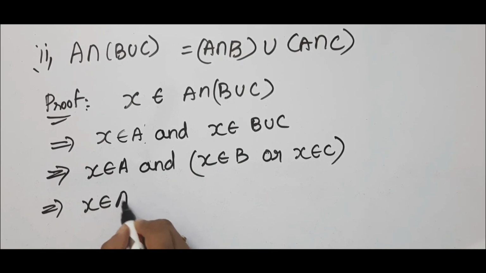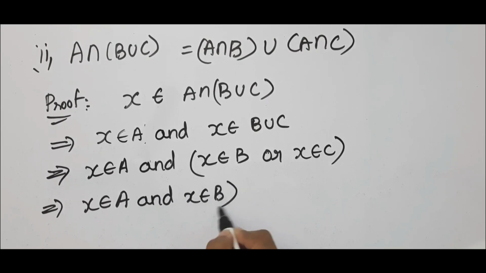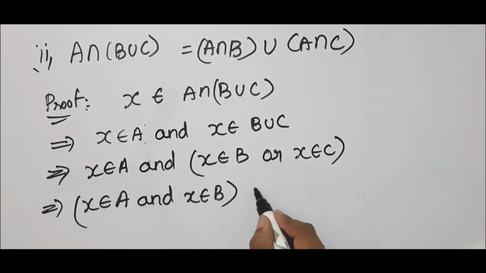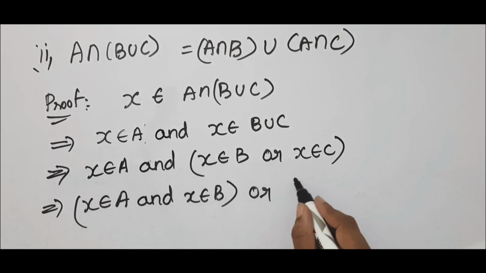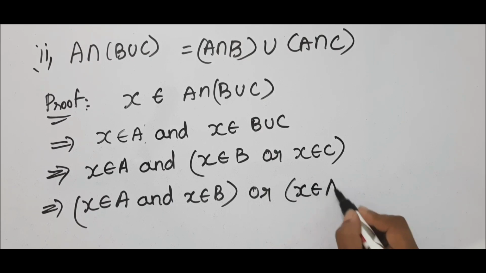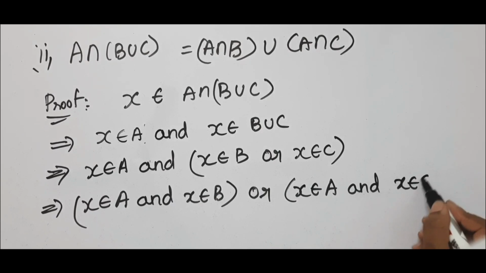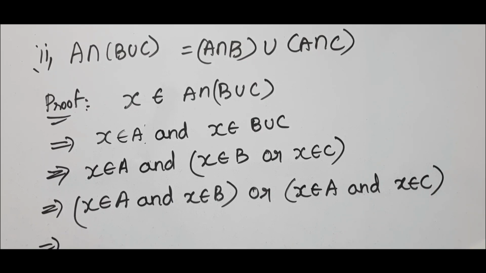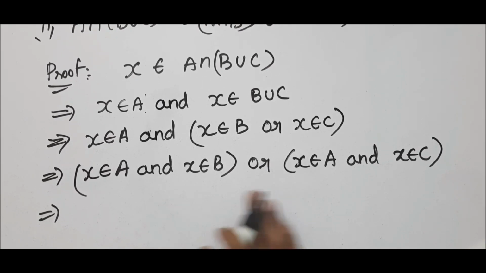So X belongs to set A and X belongs to set B. And keep the word or, and we have to distribute this with set C, is it not? So X belongs to A and X belongs to C. So this is the same proof as we have done previously, with the small difference of the words or and or.